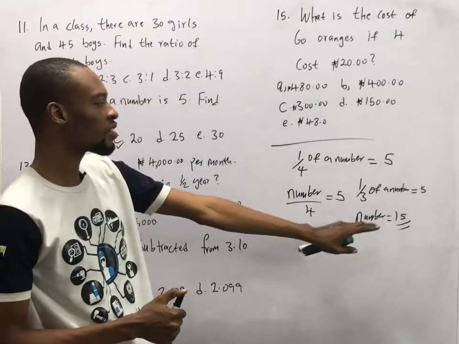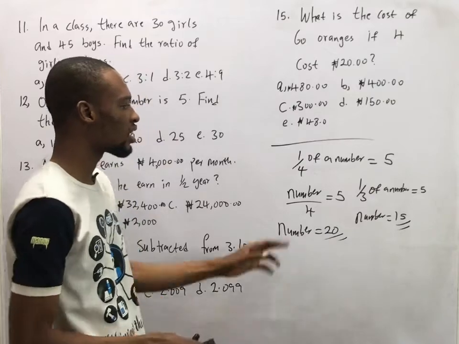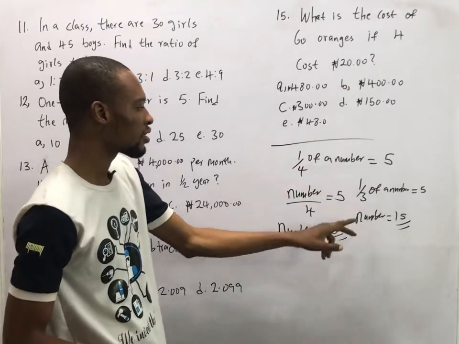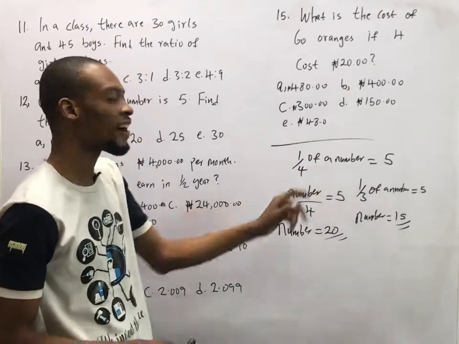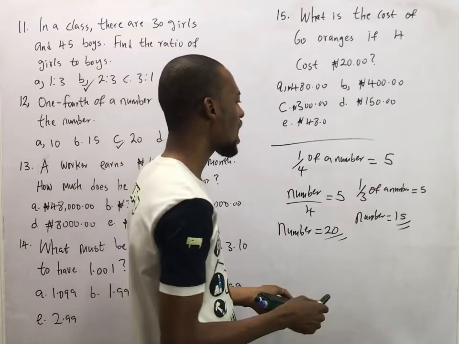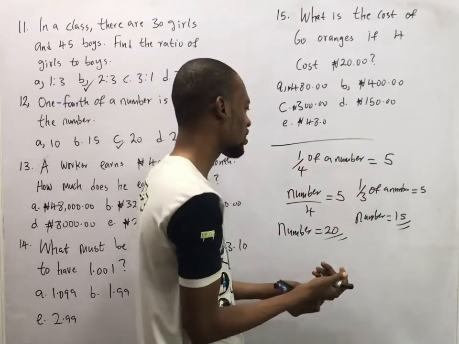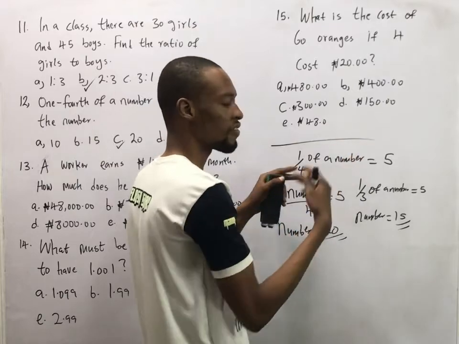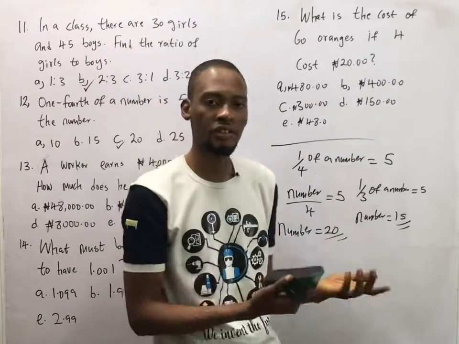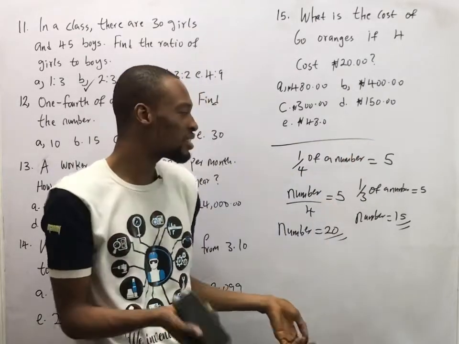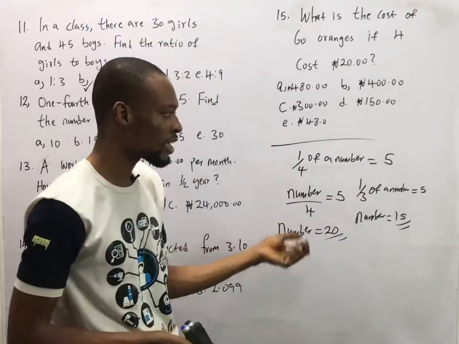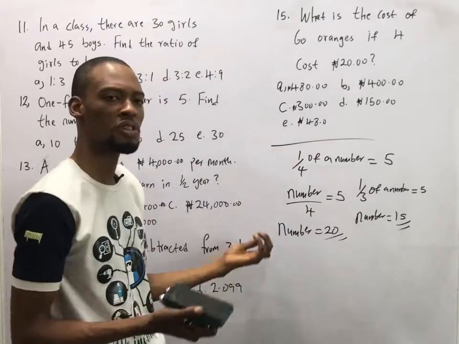So 1/3 of 15 is 5, and 1/4 of 20 is 5. If you say half, half is simply 1/2 of a number. It will now be 2 times 5, 10. So they can say 1/5. In any way they put it, just say 1/something of the number equals that, then you cross multiply to get your answer.